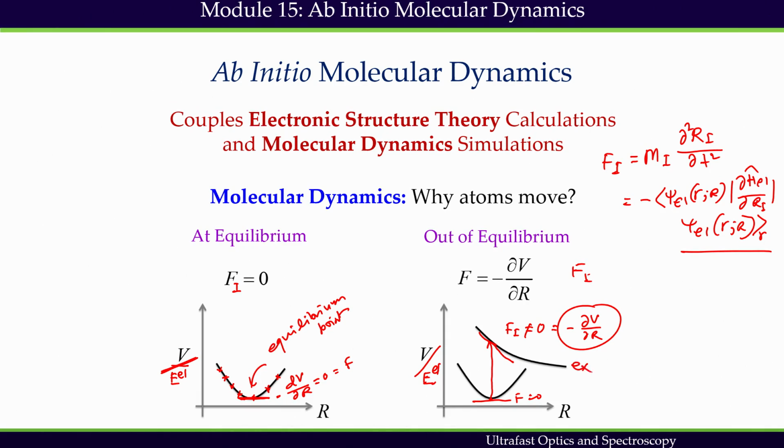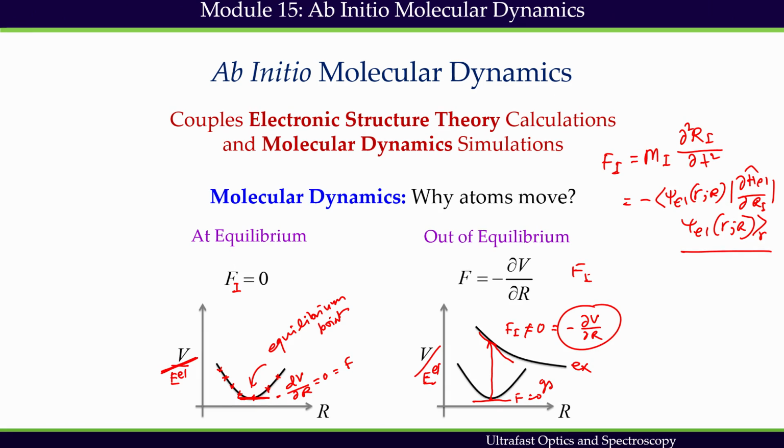So this is your excited state, this is your ground state, and on the excited state it should move just because the force acting on it is not 0. It has a certain force, and because of that force nuclei will move. Force can be calculated from the derivative of the potential energy curve at that point.